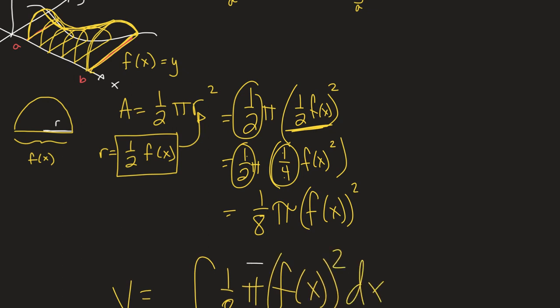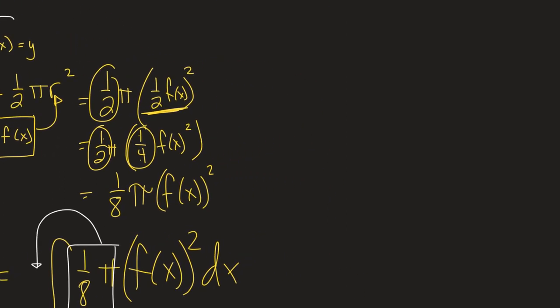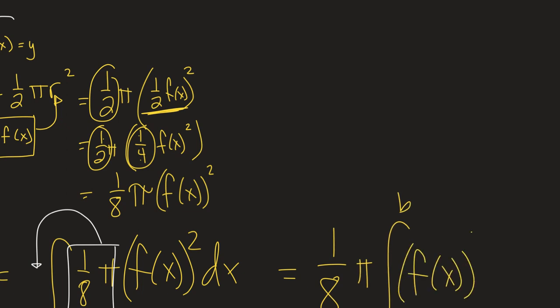And once again, I can take my coefficient and move it to the front. So the volume is 1/8 of pi times the integral from a to b of your function squared.